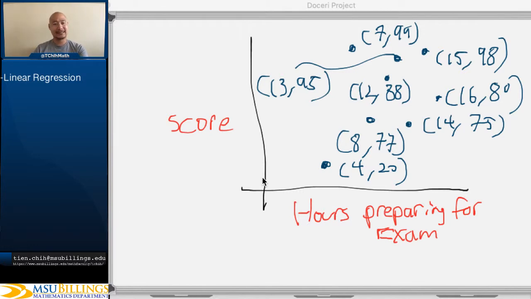On the other hand, if the predictions are not very accurate at all, then that tells you that there's a lot of other factors that determine what makes up a student's score, and not just hours preparing for the exam.